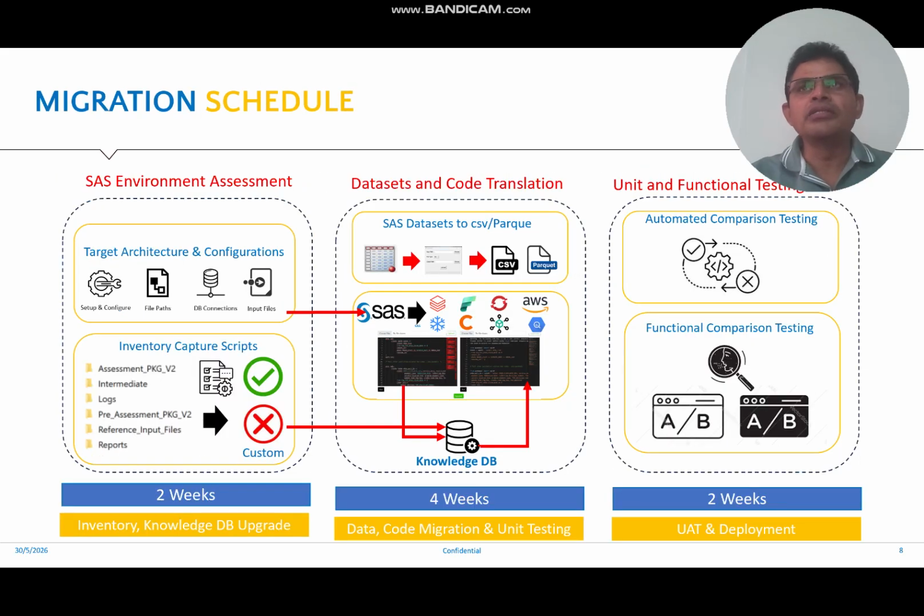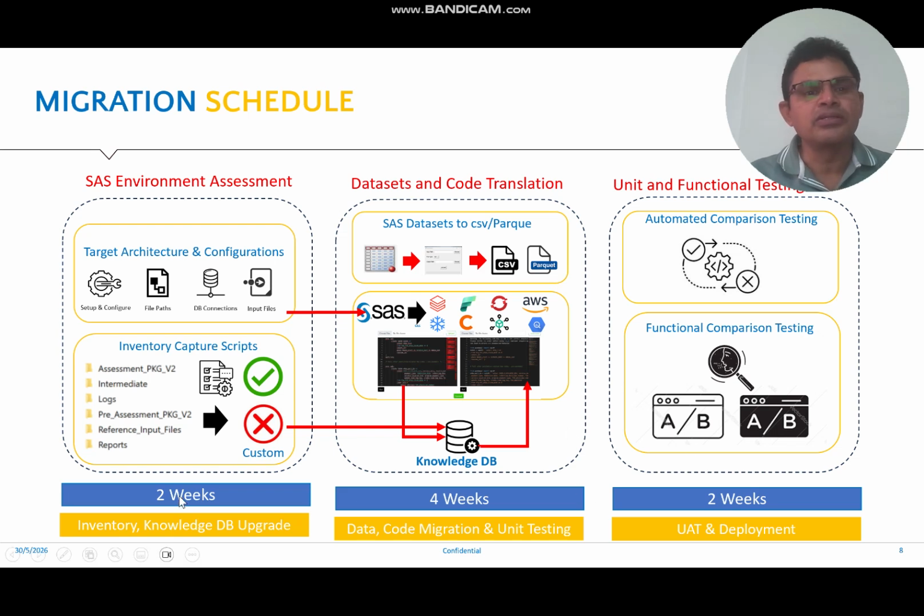And how long does this activity take? This is not months and years of activity like manual migrations or semi-manual activities. Since this is a lift and shift activity, typically in these engagements, let's say you have a million lines of code, it will take 6 to 8 weeks in a rapid lift and shift model.